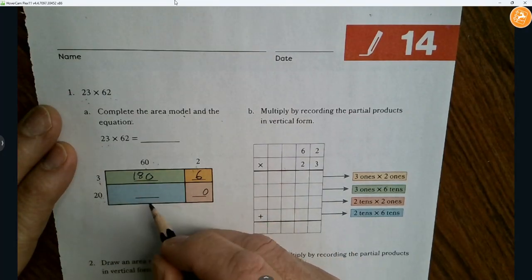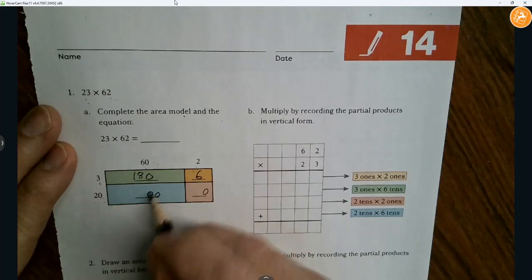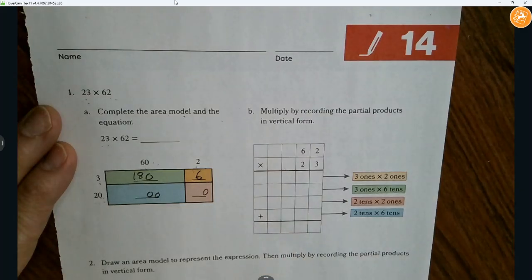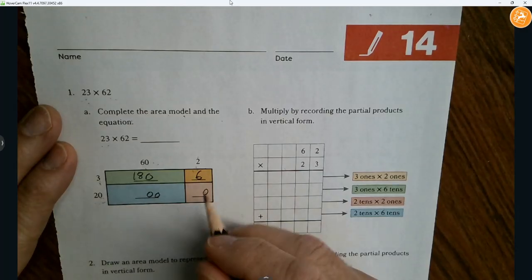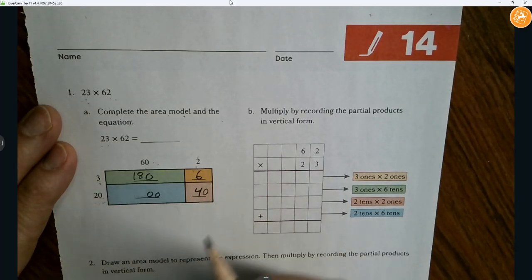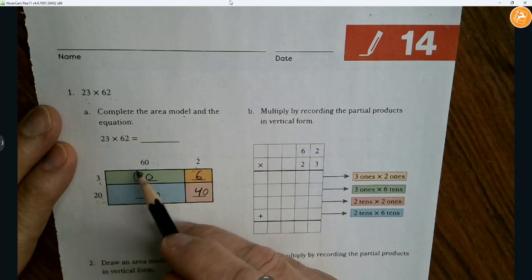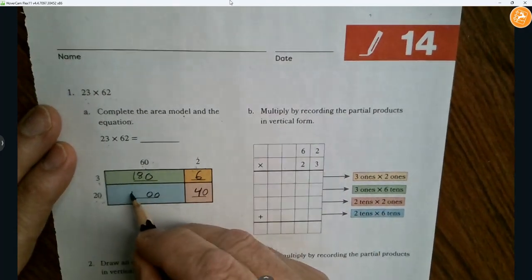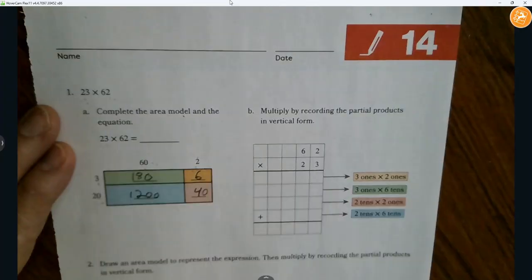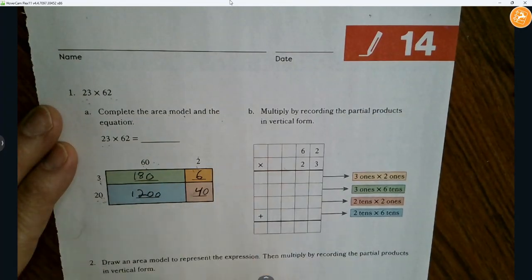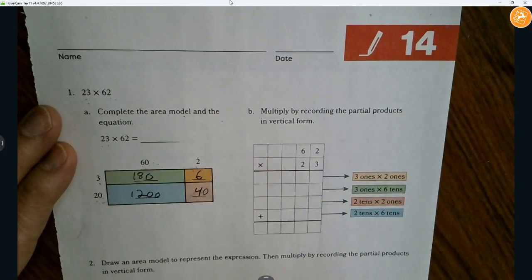Now there's 2 zeros, so put 2 zeros here. Okay, so let's do this one now. We have 2 times 2 is 4. And we have 2 times 6 is 12. Now we add all those up to get our answer.